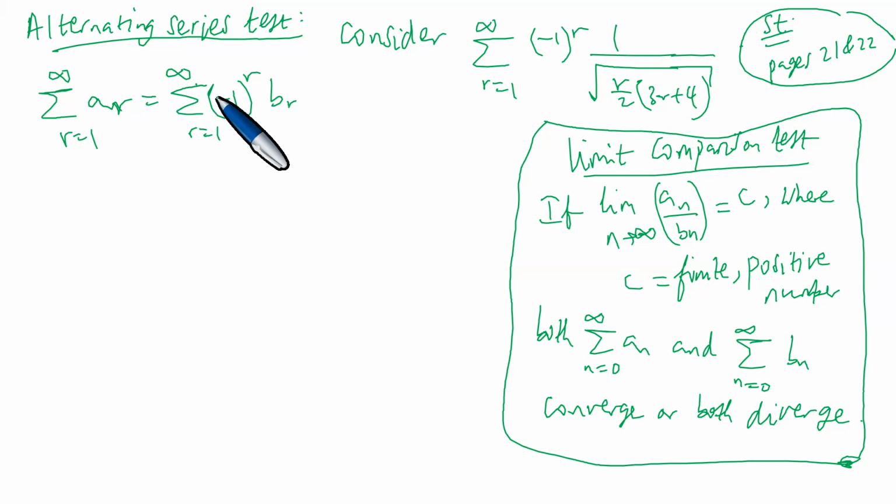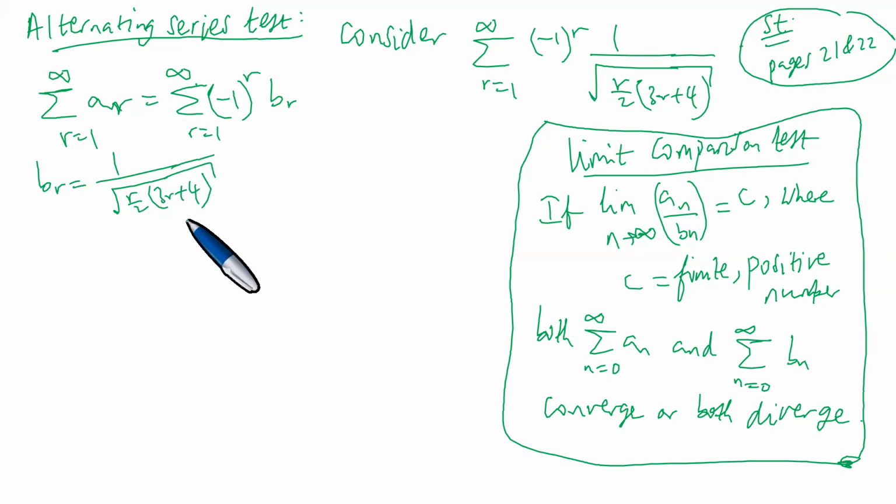Now, in view of the study guide, pages 21 and 22, we just need to infer that this function is decreasing. So we take b_n to be this whole thing without the alternation, like this.